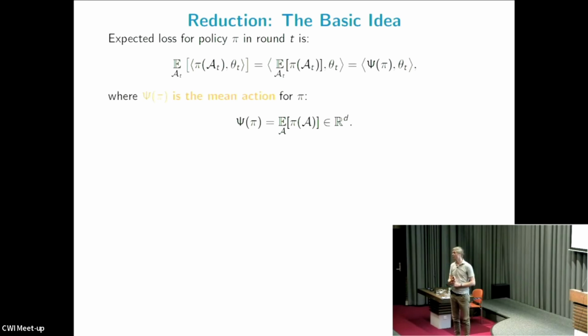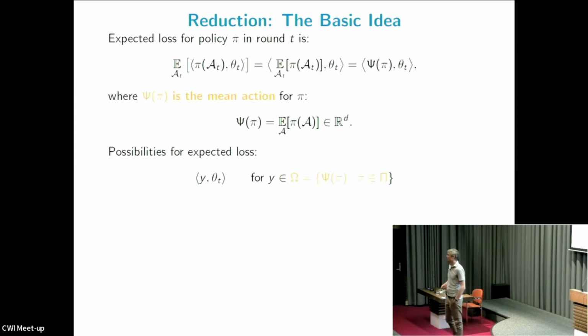Let's call that psi of the policy, because it's no longer random. You take the expectation over action sets of the action that the policy is taking. So for every action set, the policy takes an action, and you take the expectation over that. So you get a point in R^d for every policy. And then you see that the expected loss is the inner product between this mean action and the loss vector.